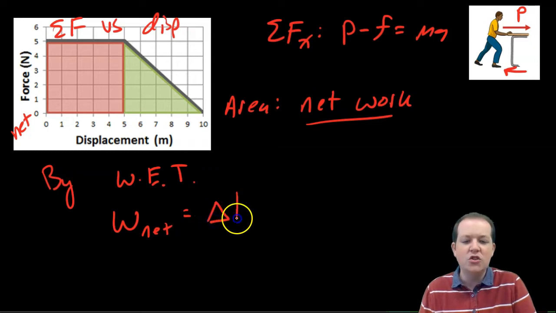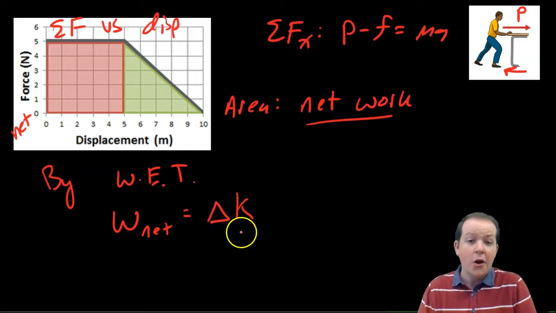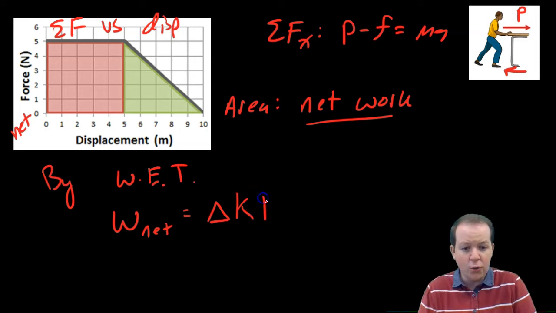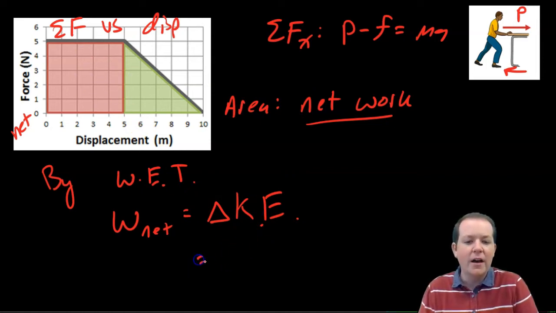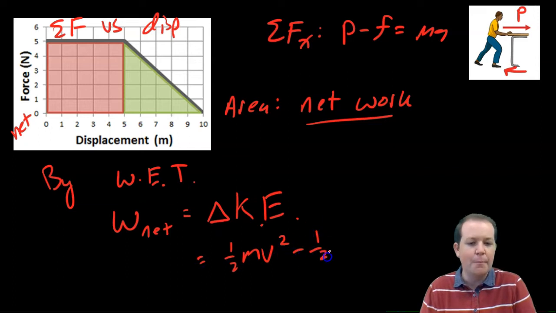The change in kinetic energy. Often written as delta K. Sometimes I'll write it as delta KE. That's also pretty common. So what does that mean? If I could find the area under the curve, that's equal to 1/2 mv squared minus 1/2 mv naught squared.